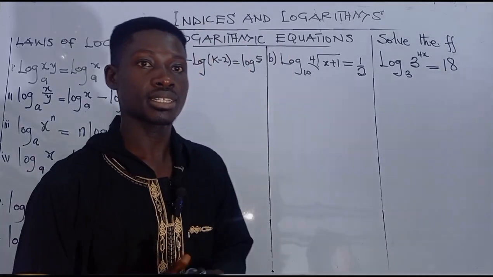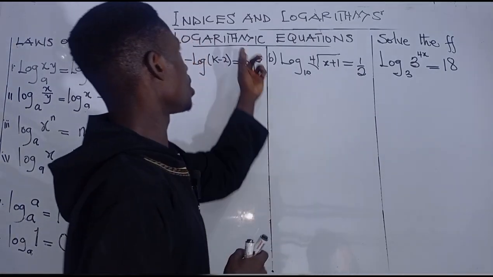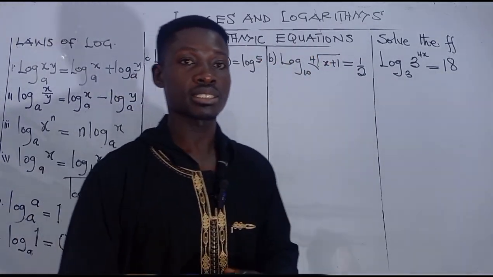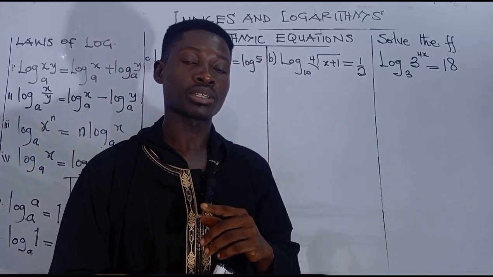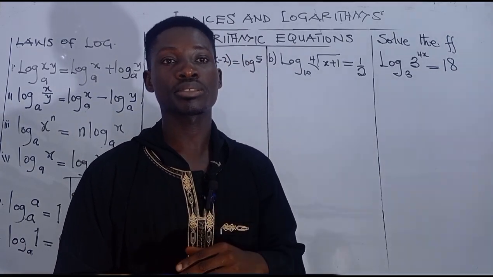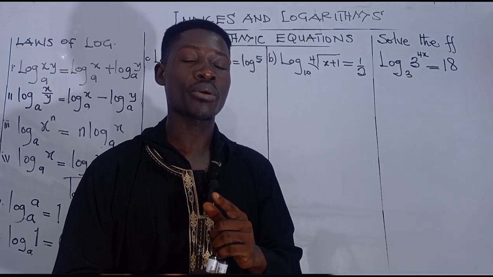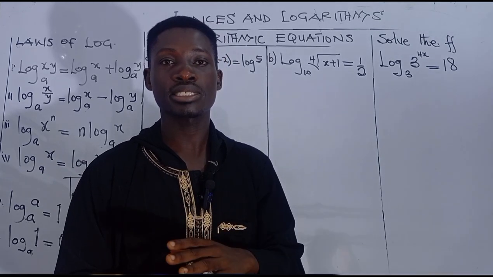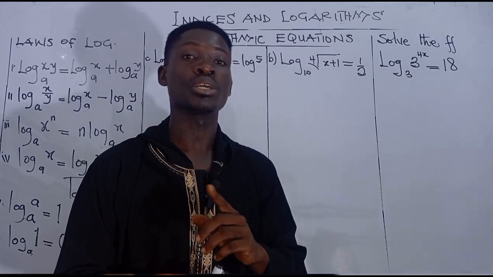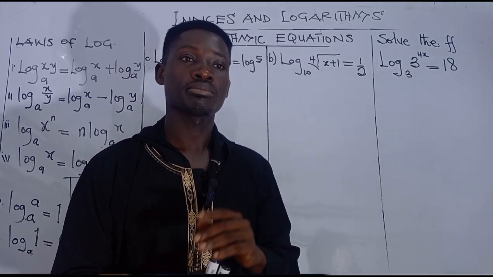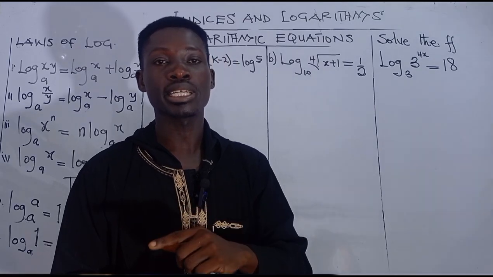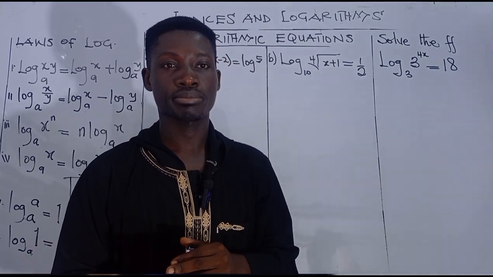In today's lesson, we shall be looking at logarithmic equations and logarithms. When we talk about logarithmic equations, we are referring to logarithm statements or expressions that contain the equal sign. In other words, it is an equation which contains logarithms.